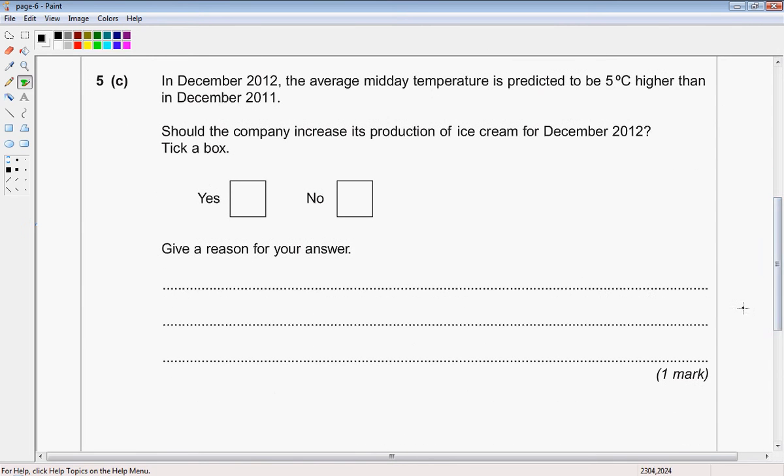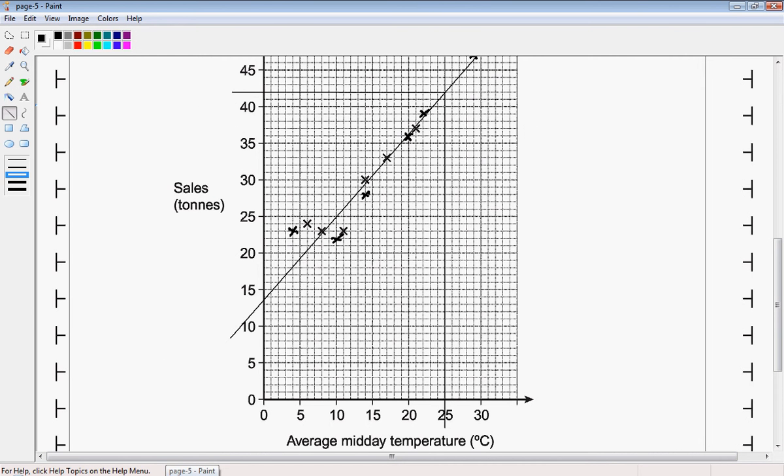But if we now move down to the next question. In December 2012, the average midday temperature is predicted to be 5 degrees centigrade higher than in 2011. Should the company increase its production of ice cream for 2012?